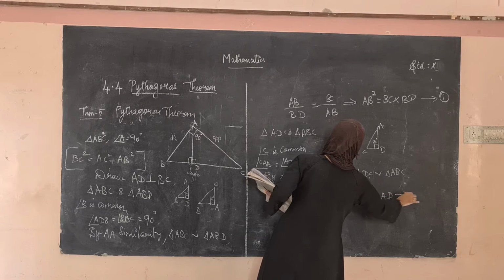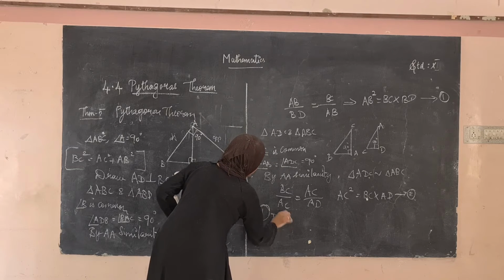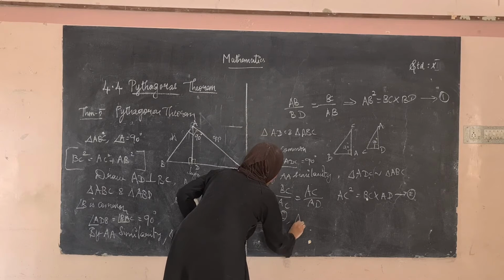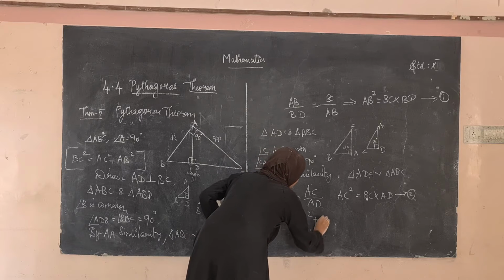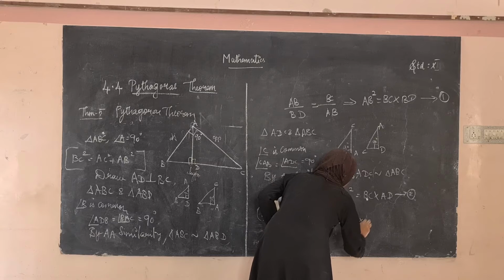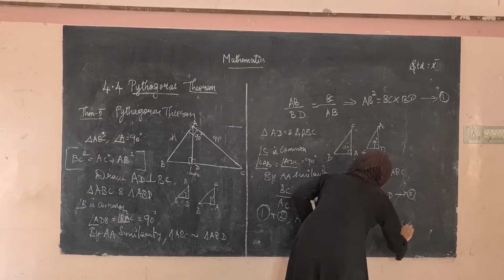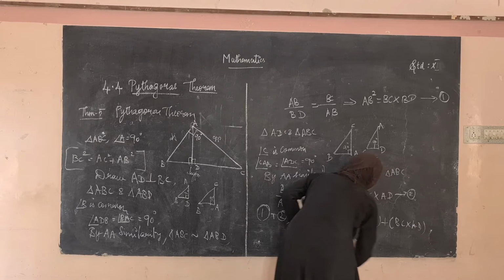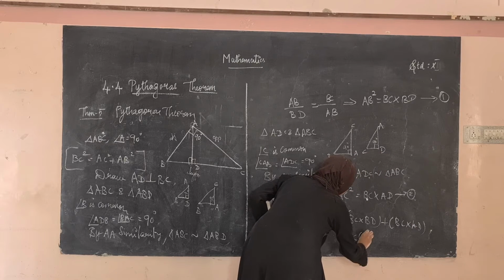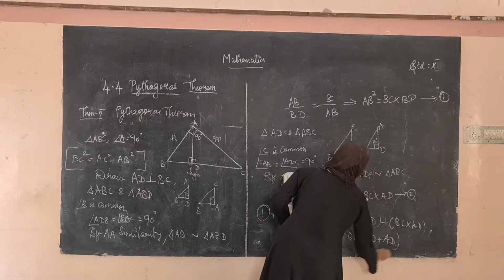This is 2. Now we can add 1 and 2. What do we get? AB square plus AC square is equal to BC into BD plus BC into AD. Now we can take BC as common, then BD plus AD. What is BD plus AD?